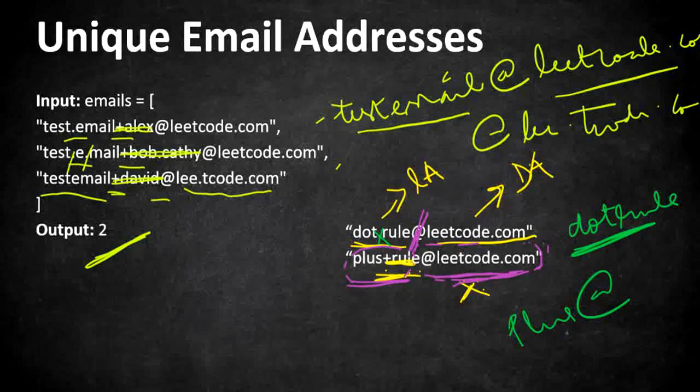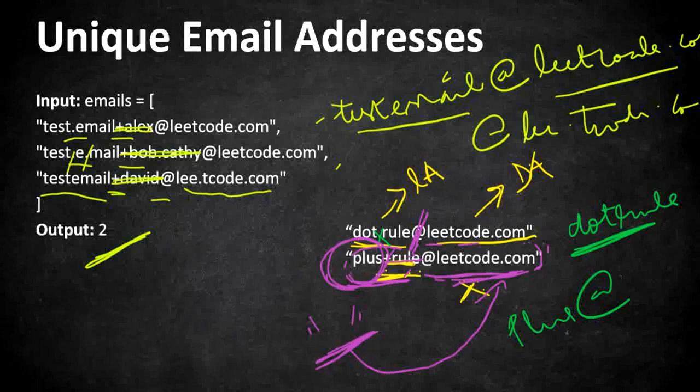First we split it with the plus, and if there is a plus we ignore the second half, and then we get the rest of the address with only dots. Once we have the rest of the address, we check for dots and replace them with empty space, so that we get the local address without dots. We finally have a string without dots and after removing the plus, and we append that with the second part, which is the domain name.